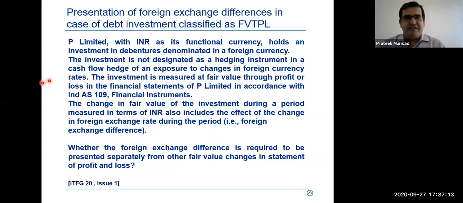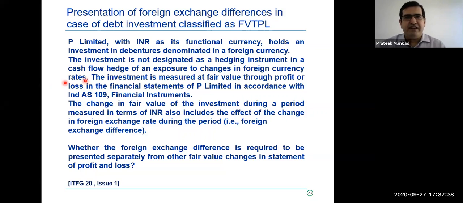Okay, another interesting one. P Limited has INR as its functional currency. It holds debentures denominated in a foreign currency. The investment is not designated as a hedging instrument, hedge accounting, etc. does not apply. The investment is measured at fair value through P&L.